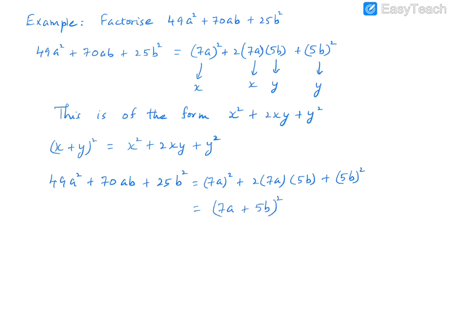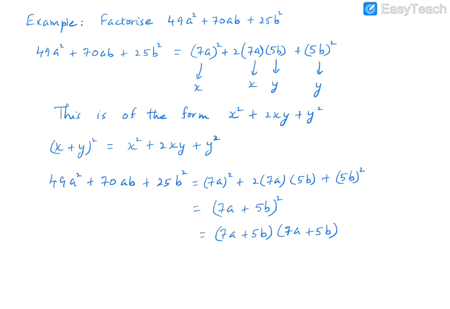So we have 7a plus 5b the whole square, which is 7a plus 5b into 7a plus 5b. Anything squared means multiplying the same number with itself. So we have factorized this expression into its factors. The factors are 7a plus 5b and 7a plus 5b.